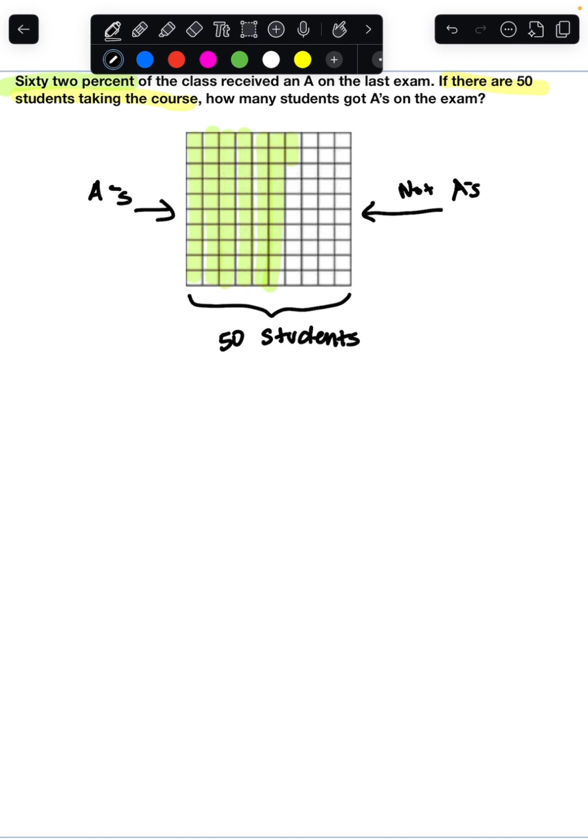So how do we figure out how many people actually got A's if we only know the percentage? Well, we are going to be using our total of the 50 students. Our 50 students is equal to 100 of these boxes.